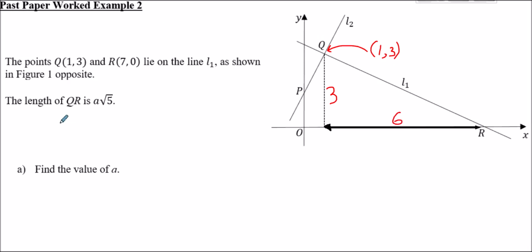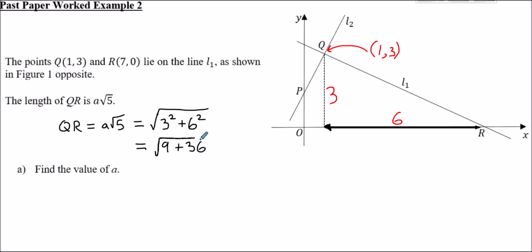So in other words, QR, which is a root 5, must be the square root of 3 squared plus 6 squared. So if we just evaluate this, 3 squared is 9, 6 squared is 36. So we have a square root of 45.